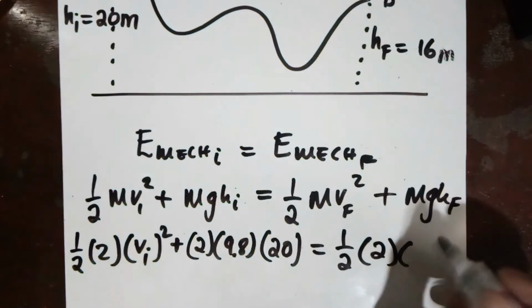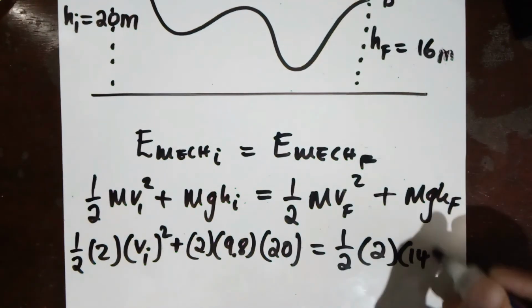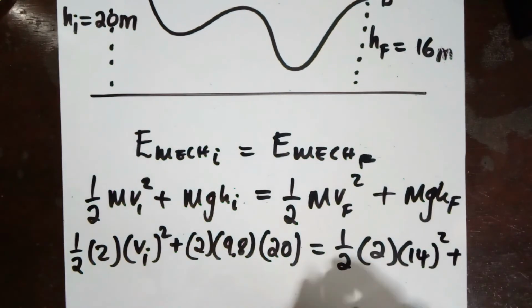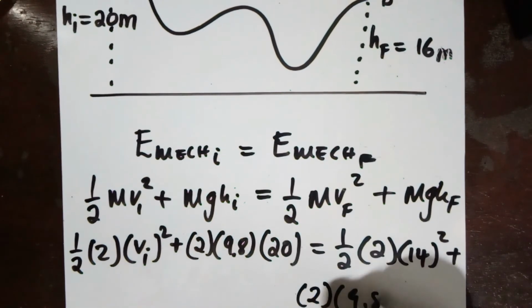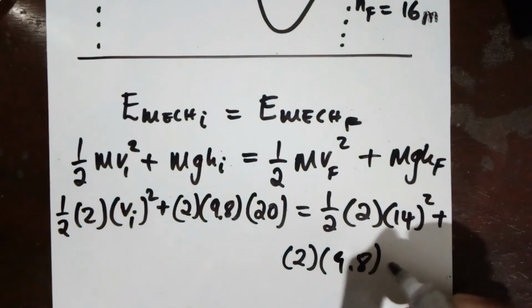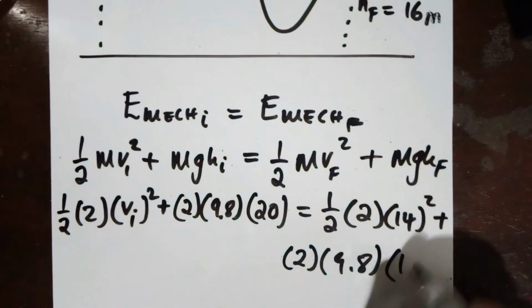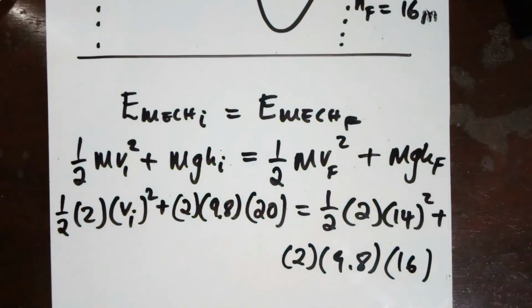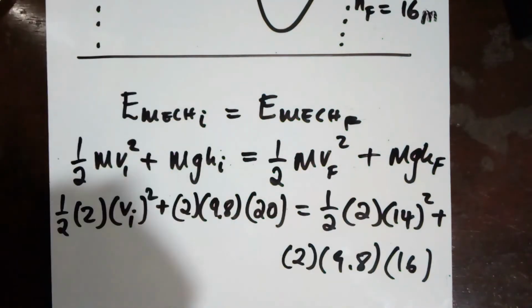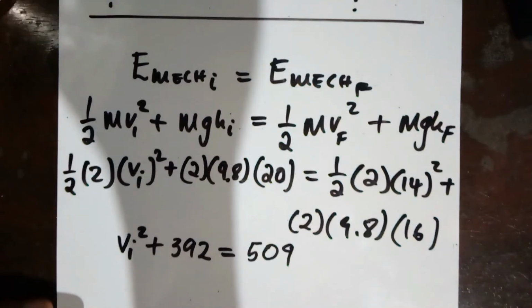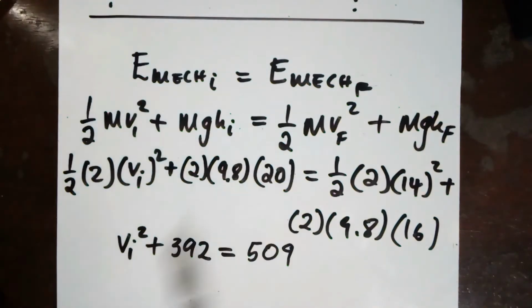The final velocity of that is 14, remember to square that, plus the mass is 2, g is 9.8, and then the final height of that ball is 16 meters. So now it's just a matter of putting everything in a calculator and making sure you get the right values.